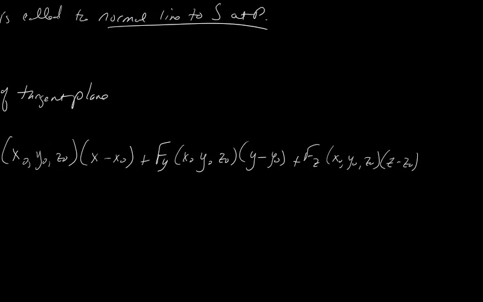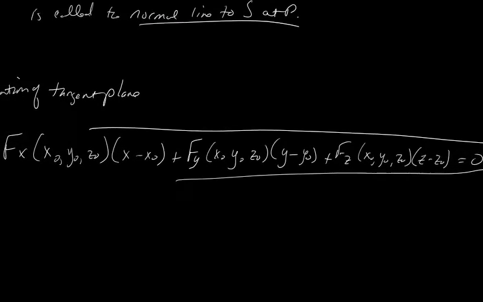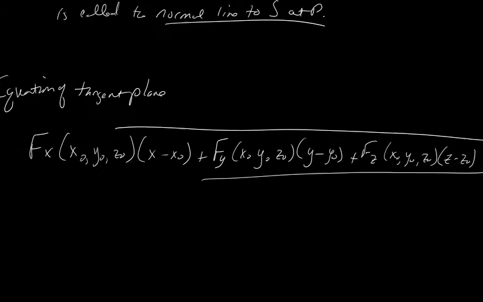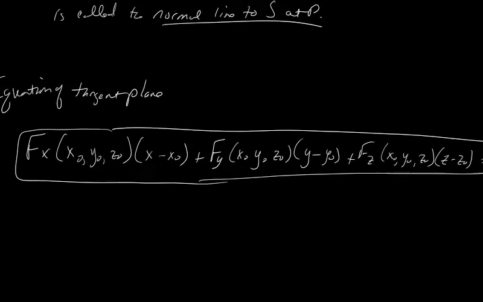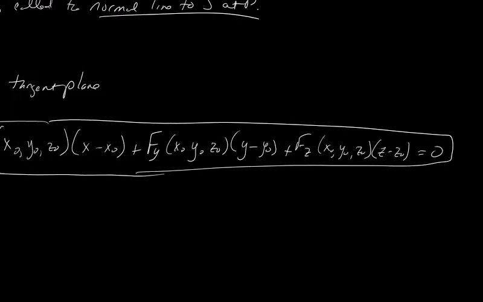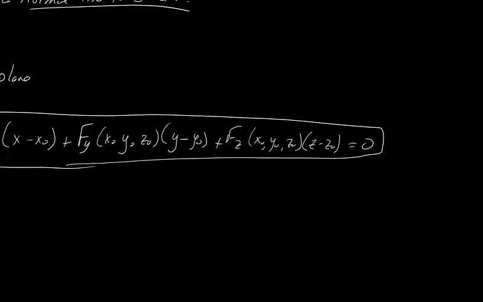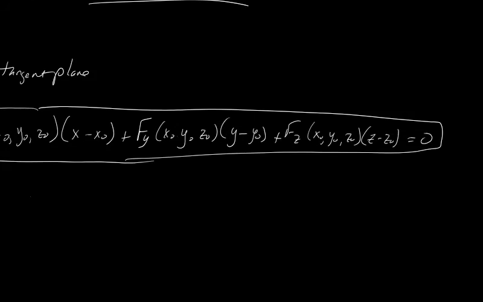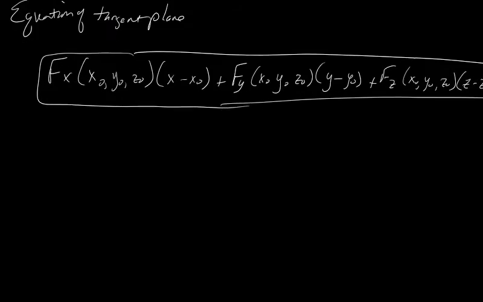Forgot the equal 0. So don't forget the equal 0 there on the end. I know it's off screen right now. But this whole thing, our partials times x minus x naught plus the partial times y minus y naught plus the partial times z minus z naught is equal to 0. That is going to be the equation of our tangent plane.